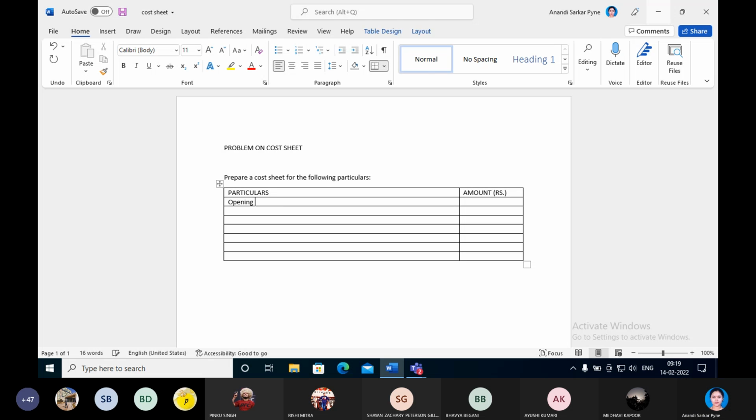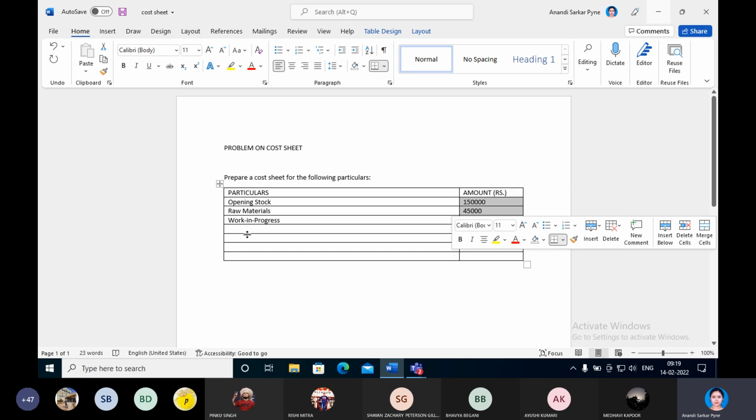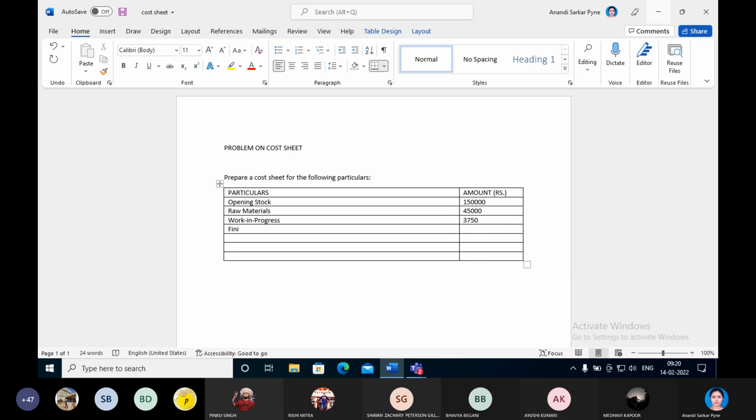Opening stock: raw material is 1,50,000, work in progress is 45,000, and finished goods is 3,750.